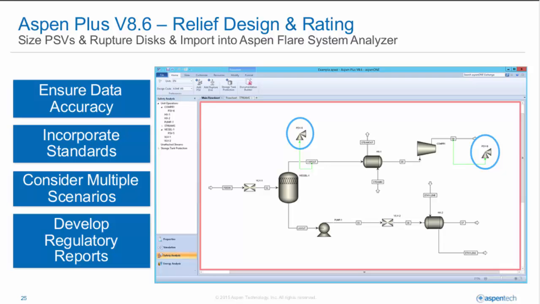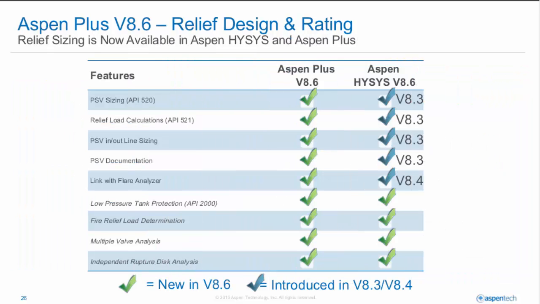And finally, create your regulatory reports and data sheets needed to document those valves. This includes the newest standards, such as the API 521 for relief valve calculations, API 520 for PSV sizing, and the API 2000 standards for low pressure vessels.